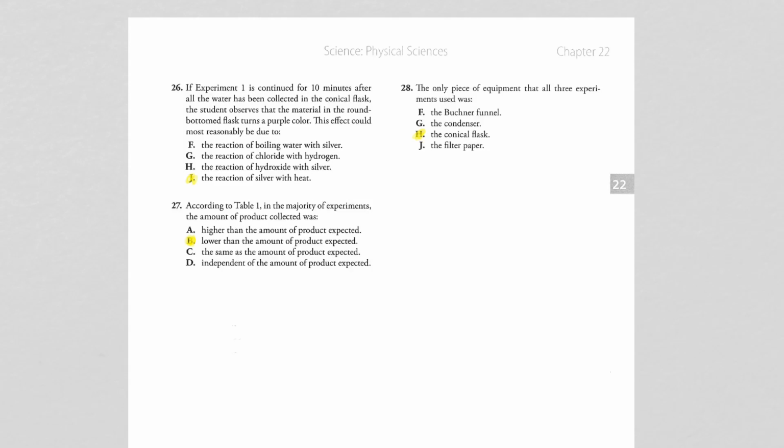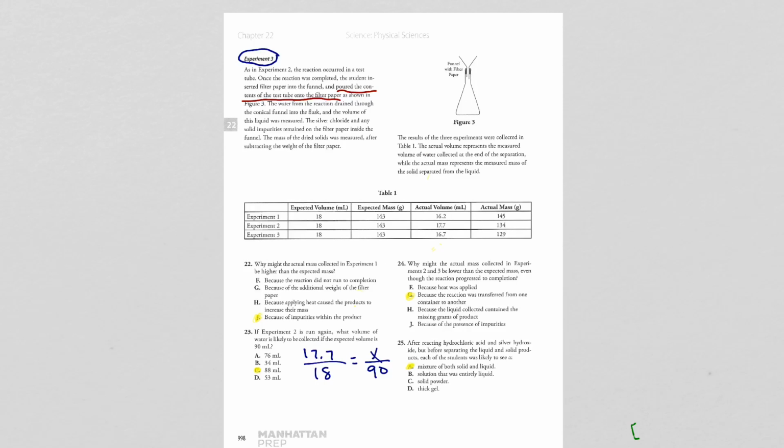Question 27 is asking you to look at table 1 and look at the majority of experiments. The amount of product collected was, and you had to basically compare that to the amount of product expected every time. So if we take a look at table 1, the actual mass here is 145 and the expected mass is 143.